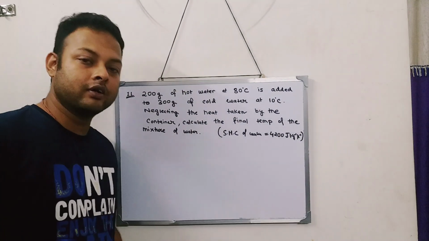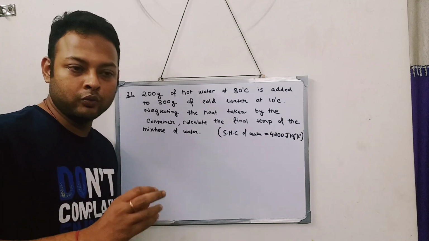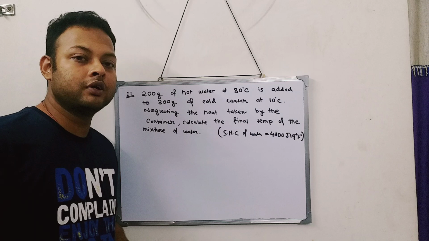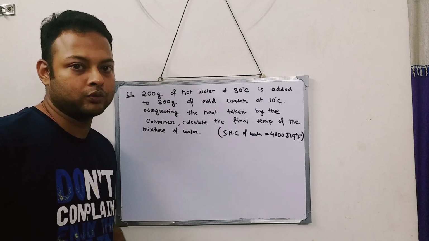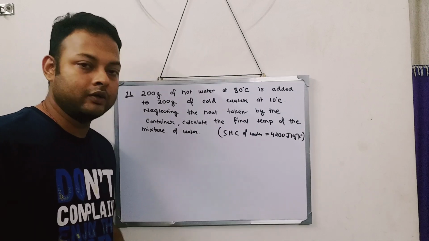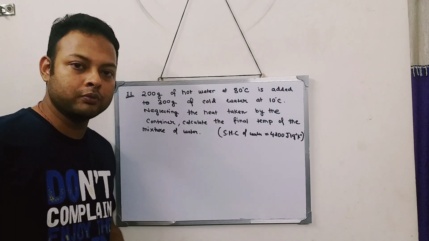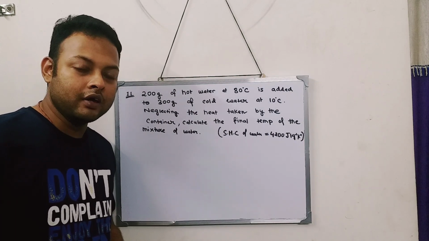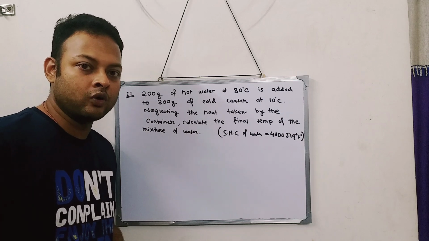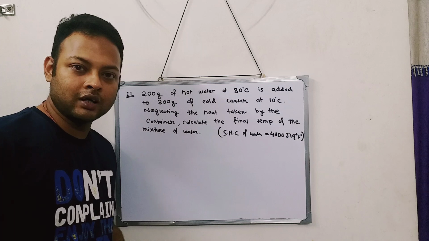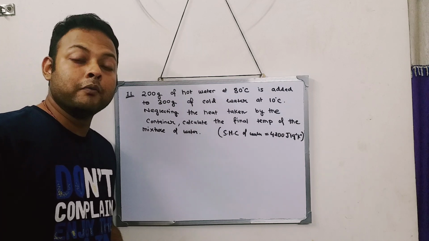Today in this video we will be doing five numericals, and these five numericals are the hardest ones. See what happens in the exam also. Sometimes you practice the easy numericals and then you go for the exam. If your luck is good, then the easy numericals come and you get good marks.